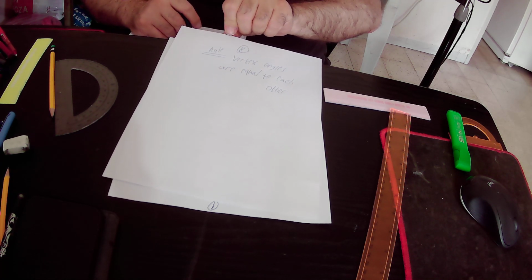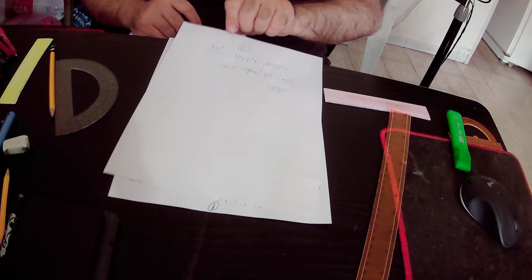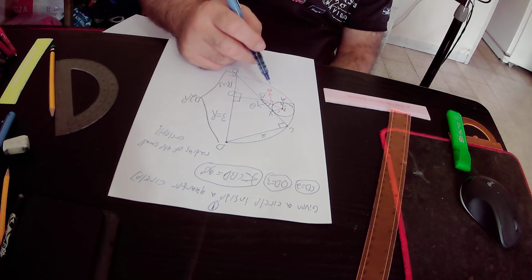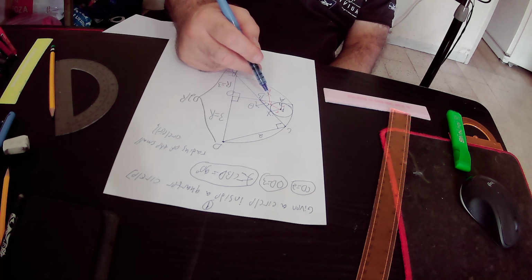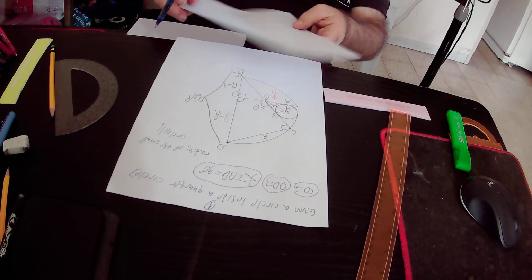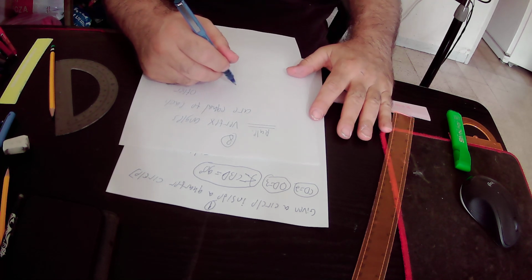So actually angle ABC, this angle, equals theta plus theta, that is to say it equals 2 theta. Angle ABC equals 2 theta.